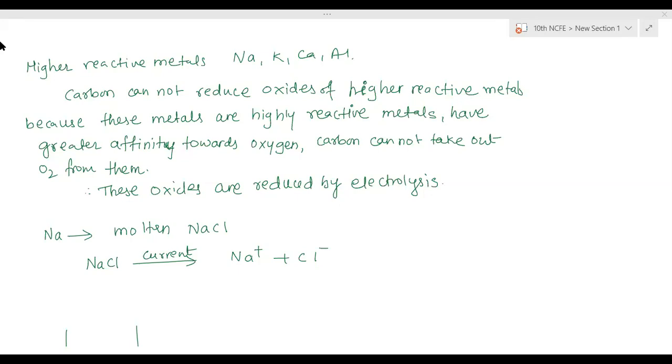Done? Yes, ma'am. Now, you want to see the actual process of thermite.